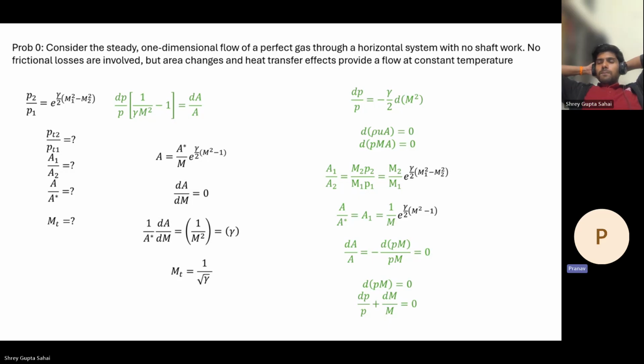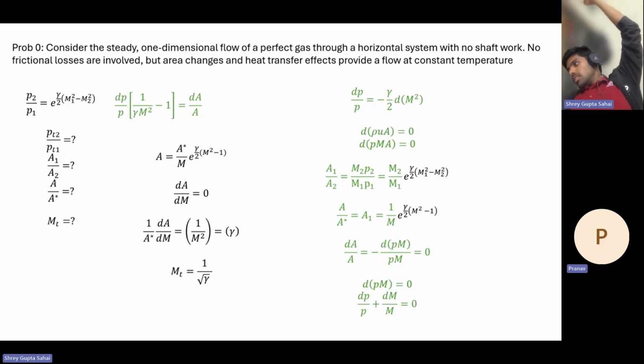If we have any duct of varying area, and heat transfer is also taking place, the A star would mean, if the flow is established, the area at that particular location.